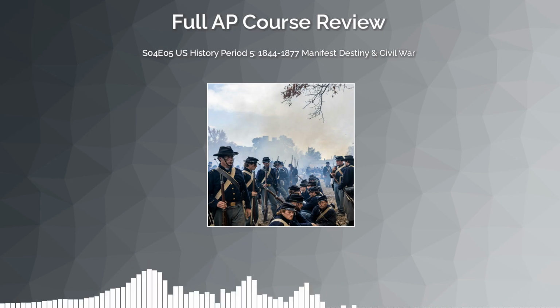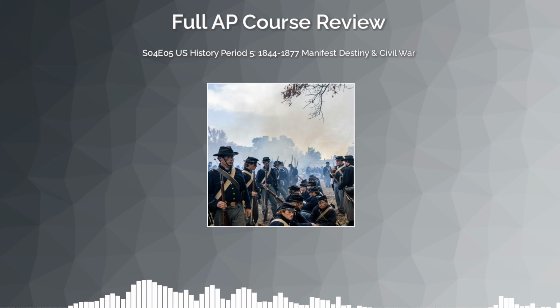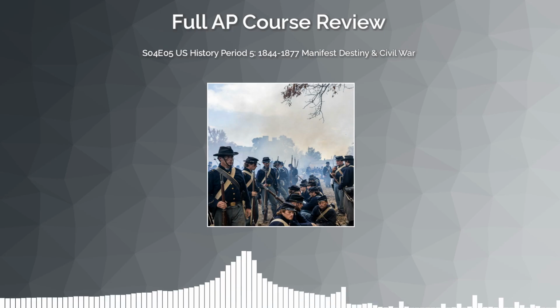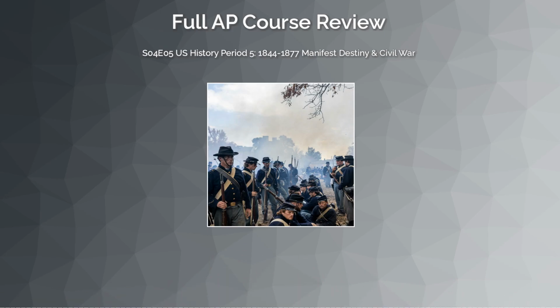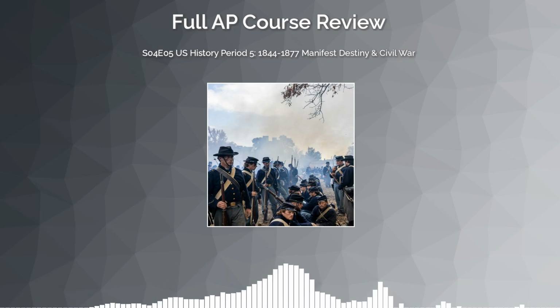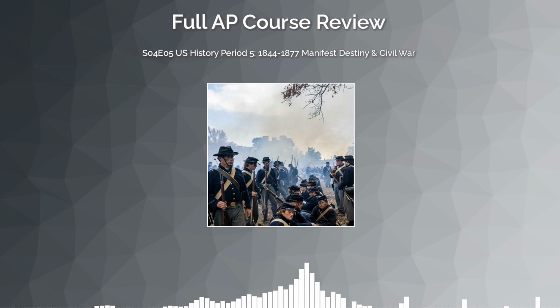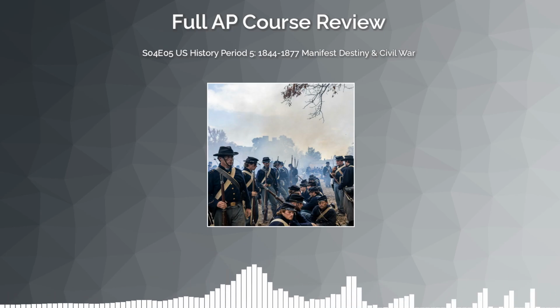The setup: why 1850 was a pressure cooker. To understand the Compromise of 1850, you first need to remember what came just before it. In 1846, Pennsylvania Congressman David Wilmot proposed what became known as the Wilmot Proviso, which would have banned slavery in any territory acquired from Mexico.